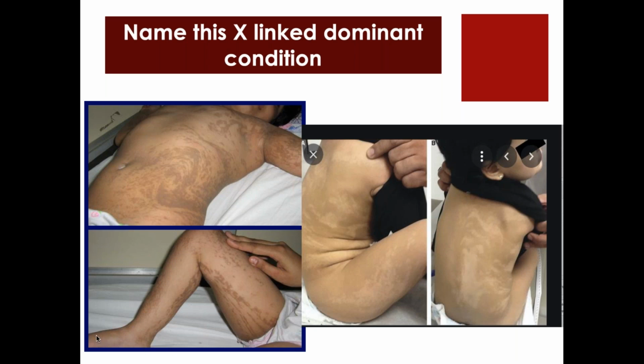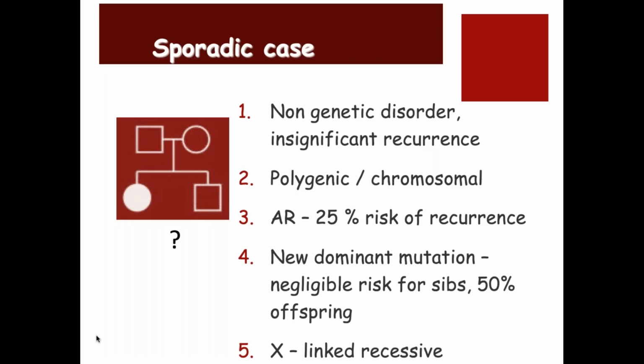So this was a good answer. Now, most often you get a sporadic case. What are the chances? Either the disorder is non-genetic, or too many genes as well as the environment affected. It could be autosomal recessive, I can't say, because there is a 25% chance, or it could be a new dominant mutation. Since it has been passed on, it cannot be X-linked recessive because it would have then gone to the male.